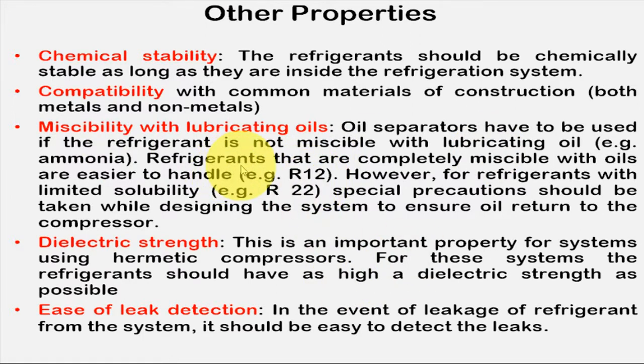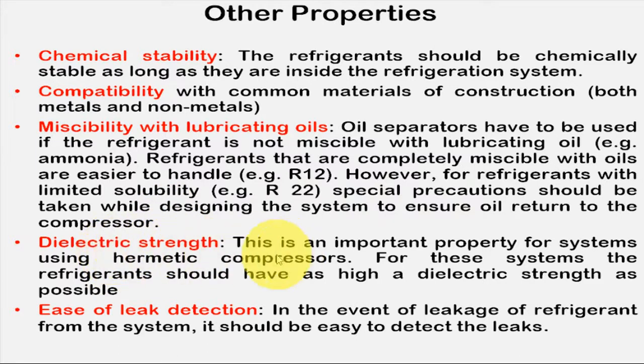Refrigerants that are completely miscible with oils are easier to handle, like R12. However, for refrigerants with limited solubility like R22, special precautions should be taken while designing the system to ensure that oil returns to the compressor.